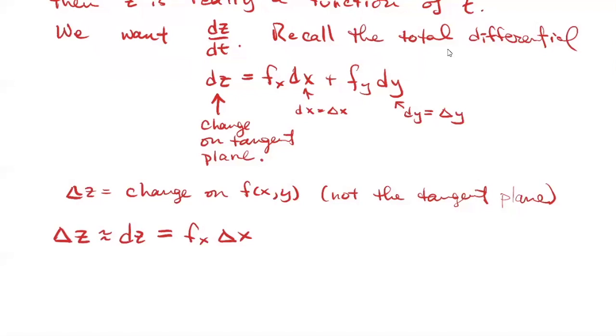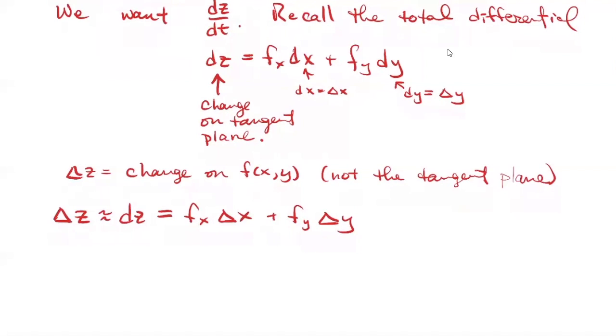So that's fx delta x plus fy delta y. Okay, so that's just coming from the differential. Delta x and delta y are essentially the same thing as dx and dy. And so delta z is approximately fx times delta x plus fy times delta y.